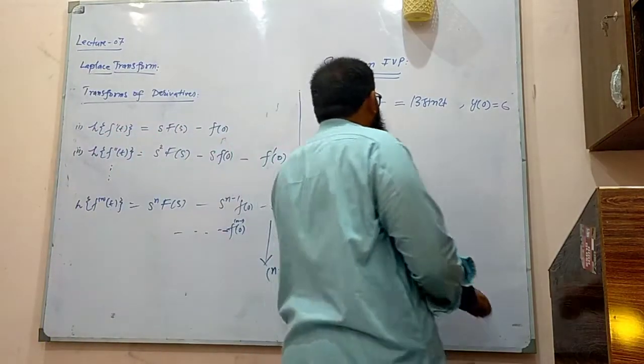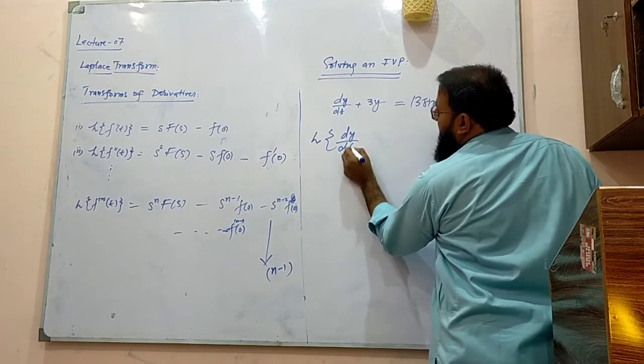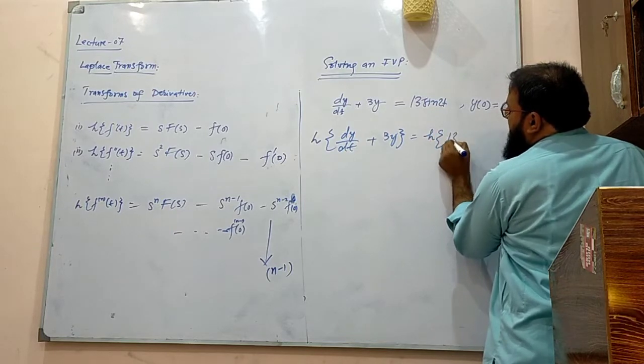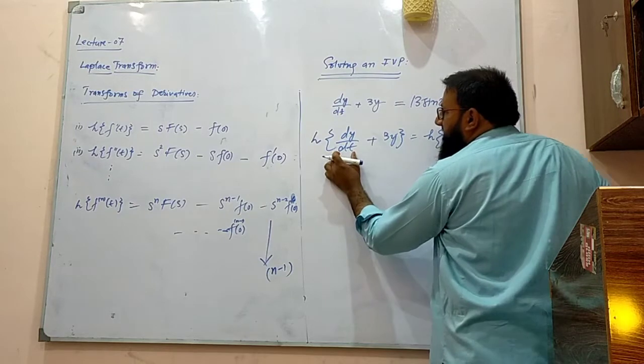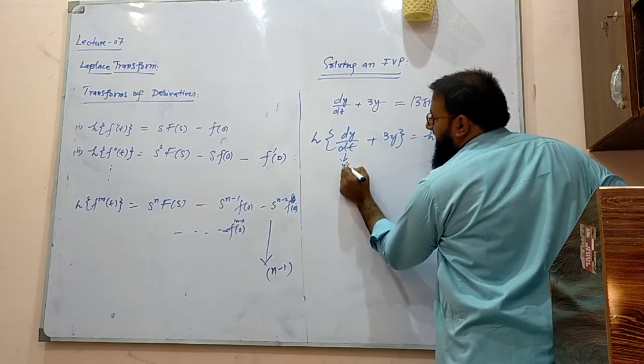So what you can do, you can apply Laplace transform on both sides: dy/dt + 3y equals the Laplace transform of 13 sin 2t. So for dy/dt, you can consider this as y prime of t.